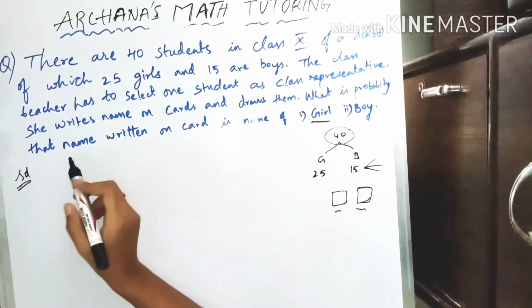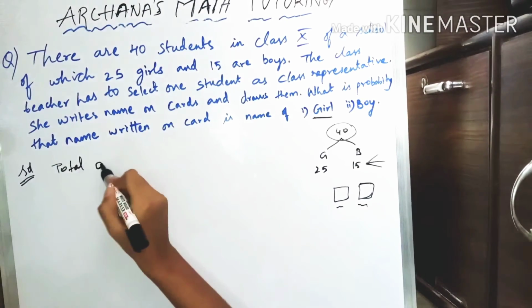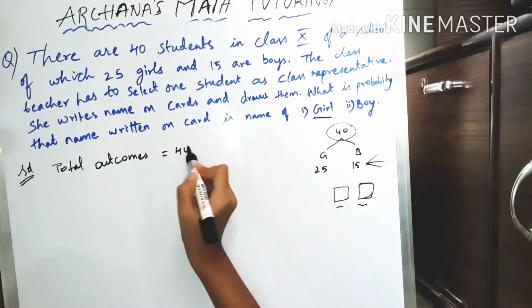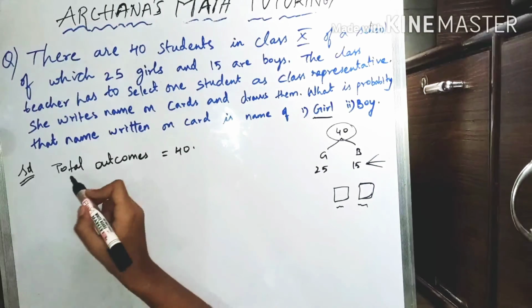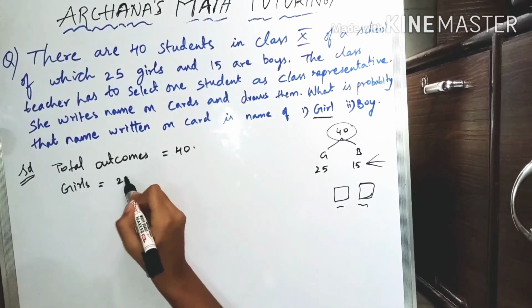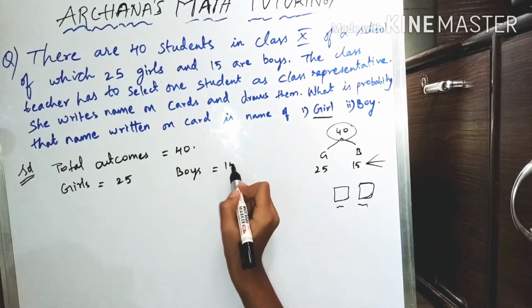So we also know that this is the total outcomes. The total outcomes are 40, out of which girls are 25 and boys are 15.